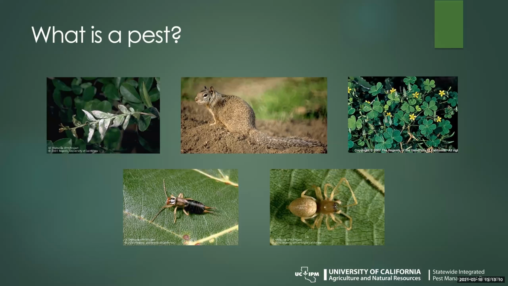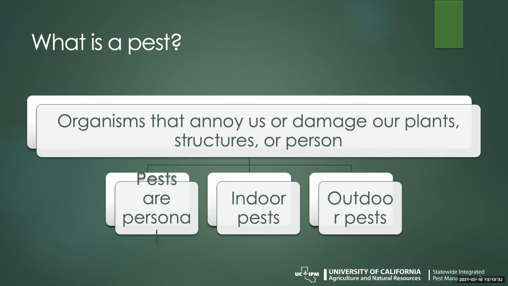And hey, yesterday was St. Patrick's Day, and we celebrate the clover, but you might not want it in your lawn. And then there's, of course, invertebrates or insects, spiders, snails. And so if it's a pest to you, then you might find that you want to do something about it, and someone else may not think it's a pest.